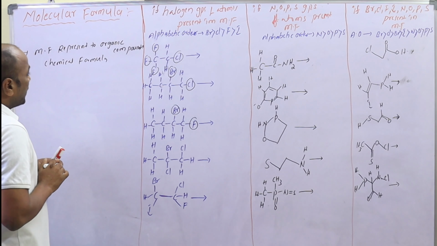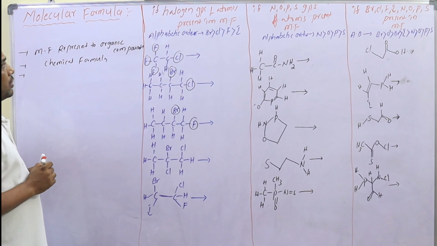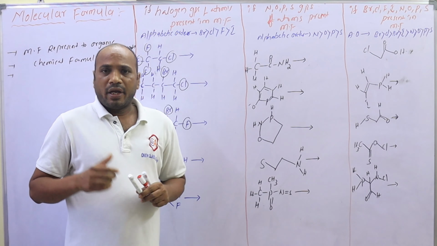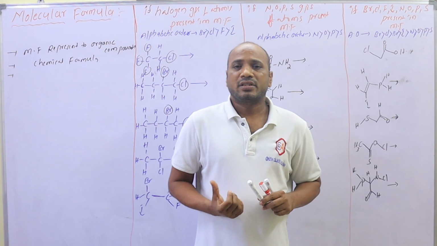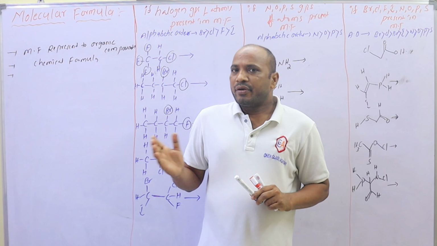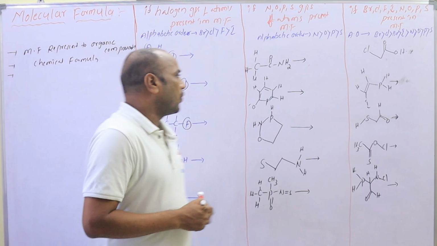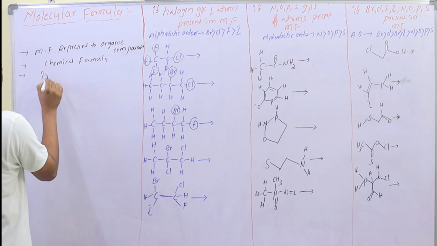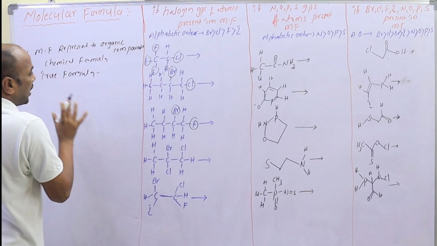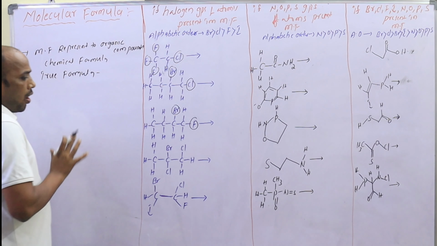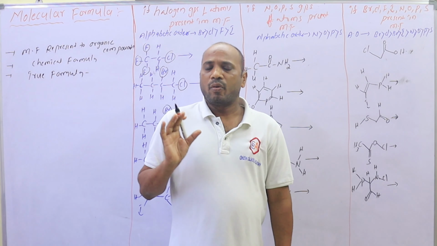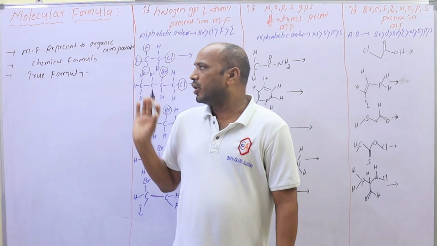it is a description of the numbers and types of atoms present in the molecules, and it is also called true formula, because it tells you how many of each kind of atom are actually present in the molecules.